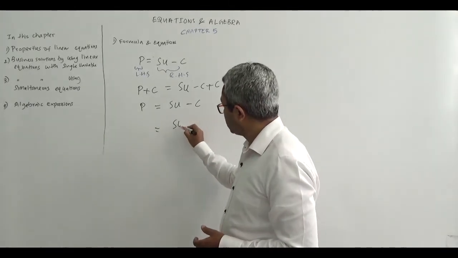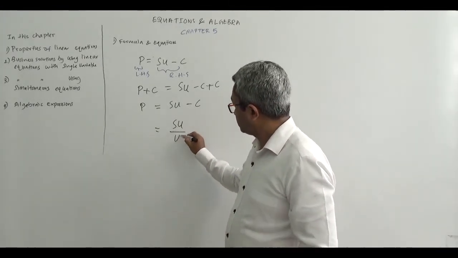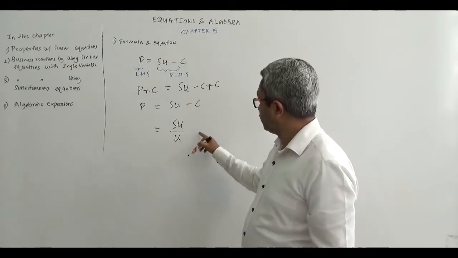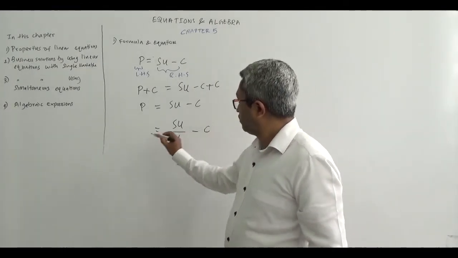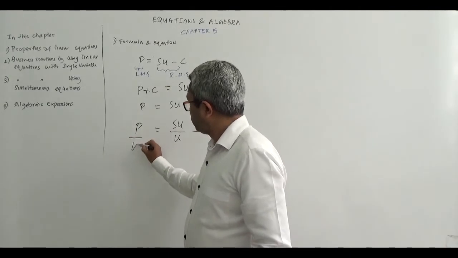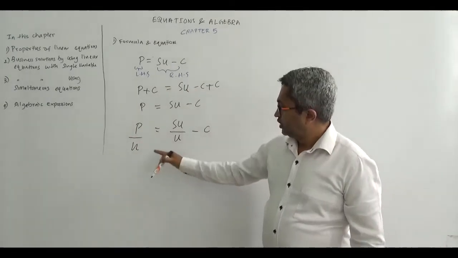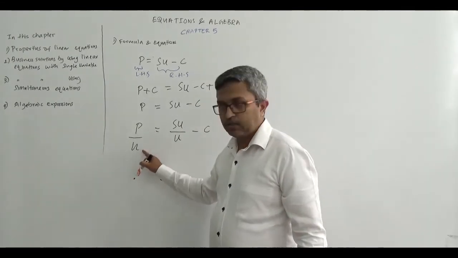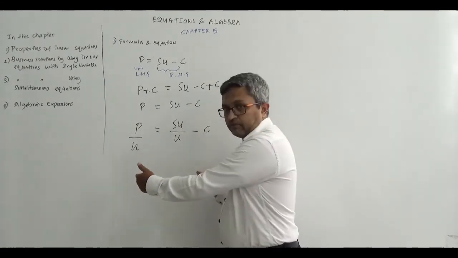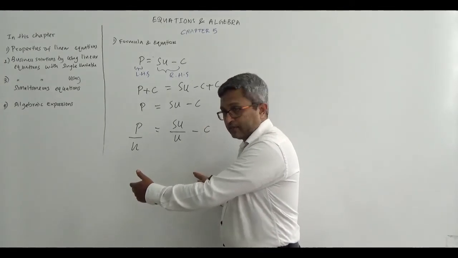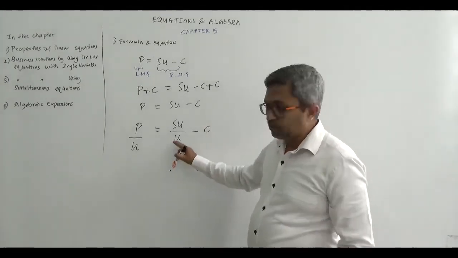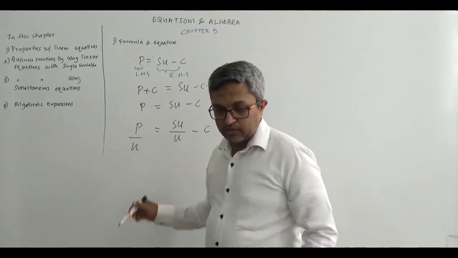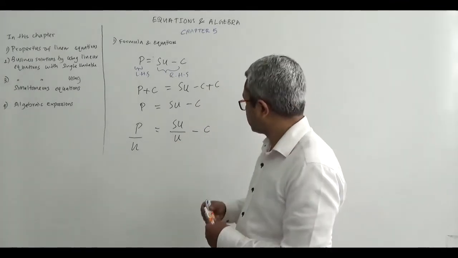So if I divide this one by U, can I do this? I am dividing SU by U here and P only by U. You said you can do the same thing on both sides, right? No, we cannot do this. It is totally wrong.